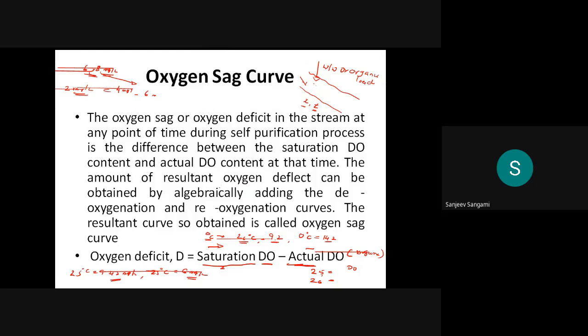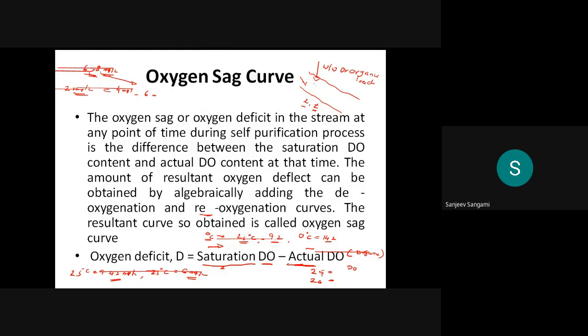Then the resultant oxygen deficit can be obtained by algebraically adding the deoxygenation and reoxygenation curves. I explained what these deoxygenation and reoxygenation curves are maybe 3 or 4 classes before. Maybe with the help of the curve, I'll explain how exactly this is going to happen.